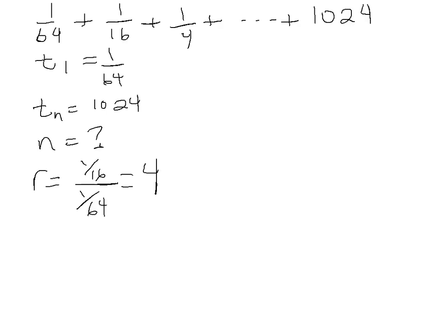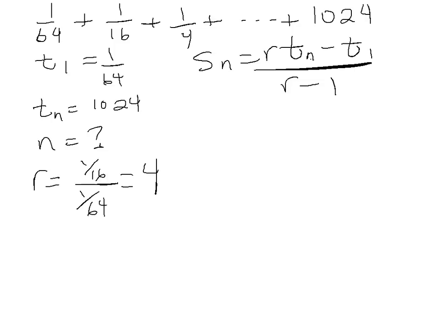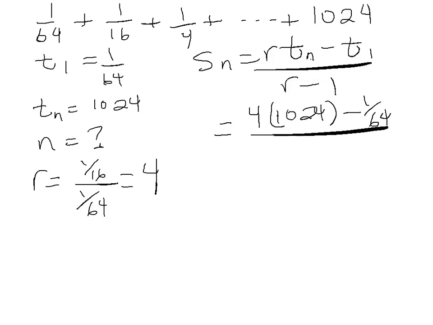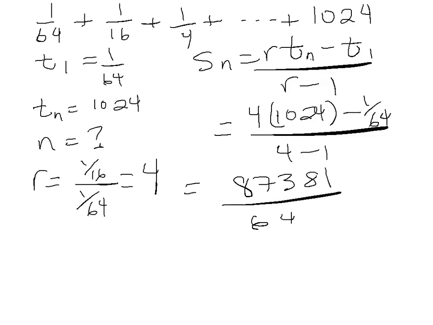Okay, so let's use this formula here. Sn equals R times Tn minus T1 over R minus 1. And plug everything in, and we get 1 over 64, 4 minus 1, and that equals, if we leave it as a fraction on the top, and you always want to reduce your fraction and just leave it here.